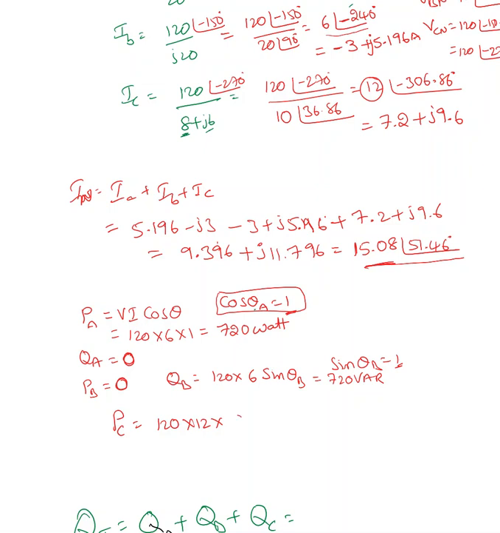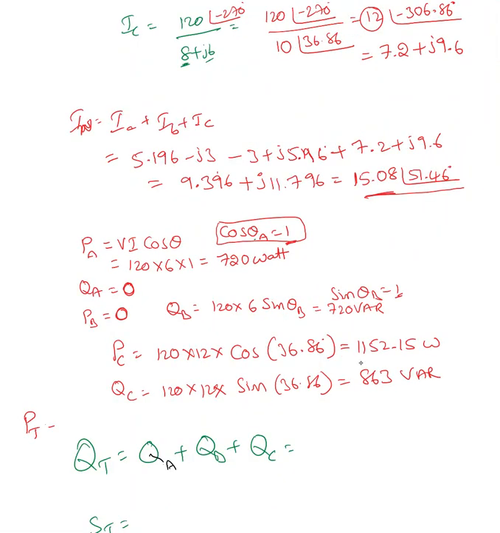So cos 36.86. Same thing, QC equals 120 times 12 times sine 36.86. Now we find these two values: PC equals 1152.15 watts, and QC equals 863 VAR.